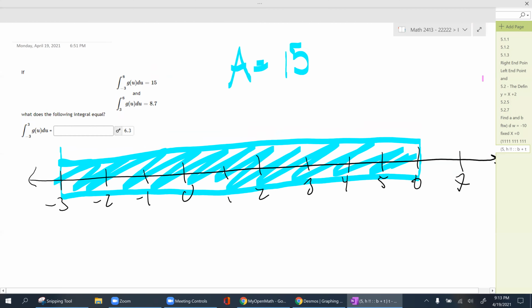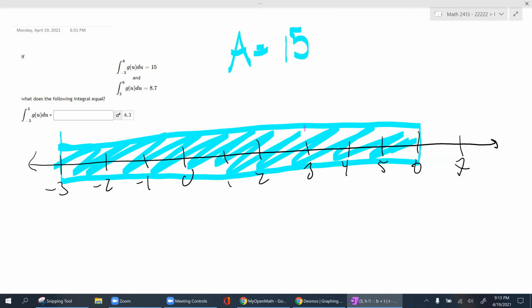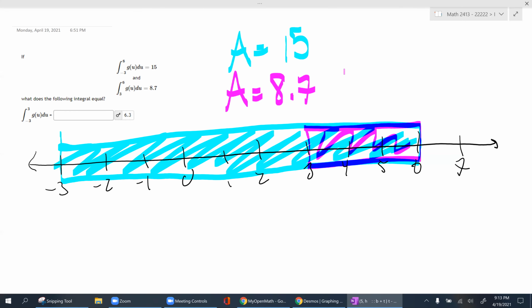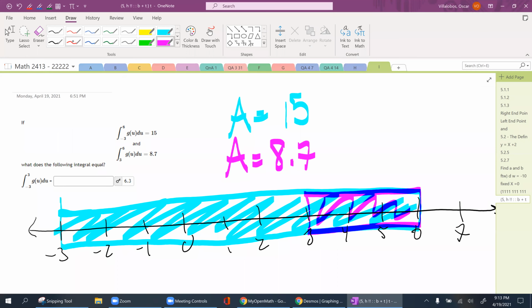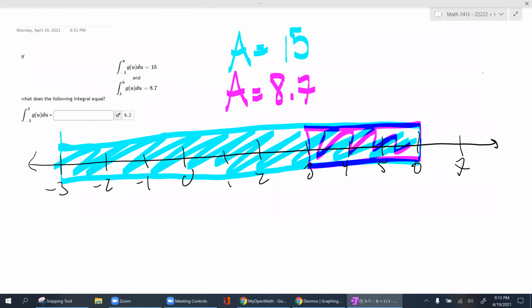I am then told that the area between 3 and 6, specifically this point here, is 8.7. How do you find the area between -3 and 3?